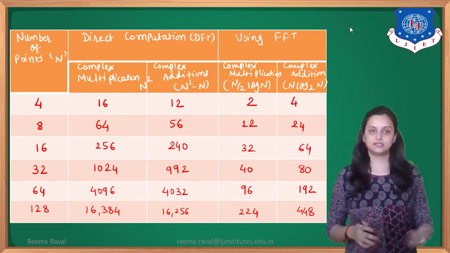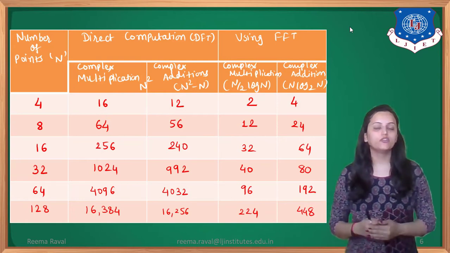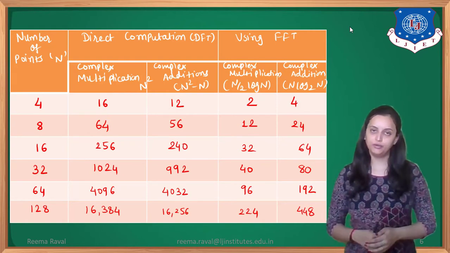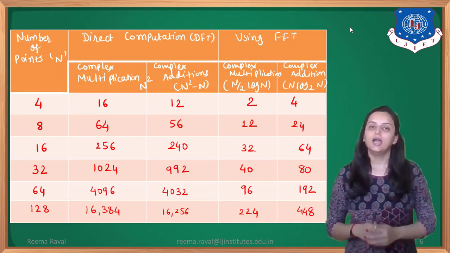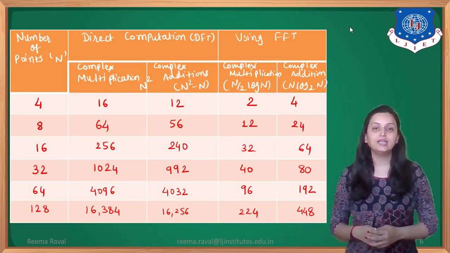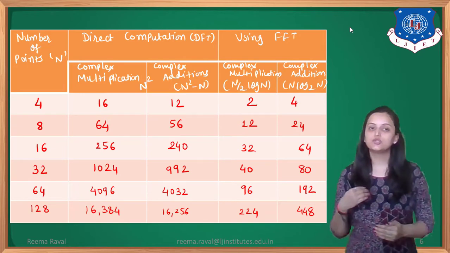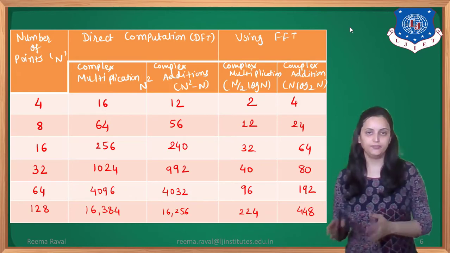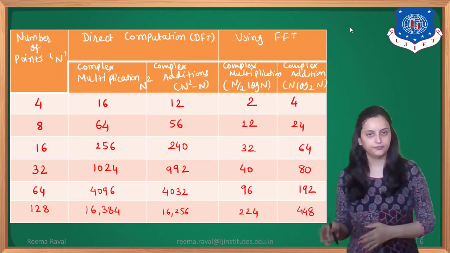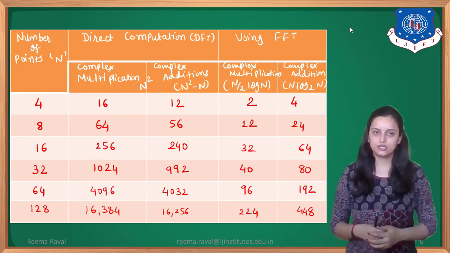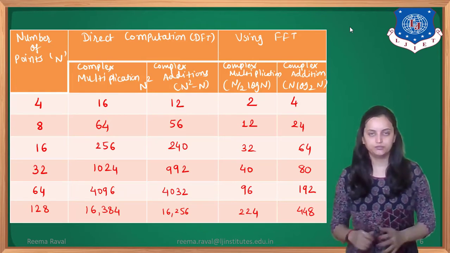Now if we take next N equals 32. For N equals 32, the number of complex multiplications in direct computation DFT is 1024, based on the formula N square, and the complex additions are 992. If we calculate for FFT for N equals 32, the number of complex multiplications will be 80 based on the formula N by 2 log N, and the number of complex additions is 160.